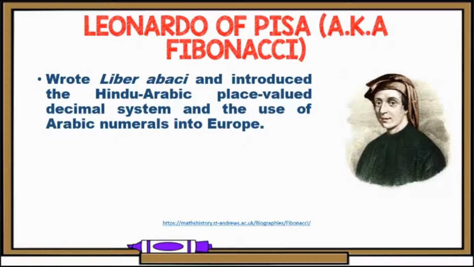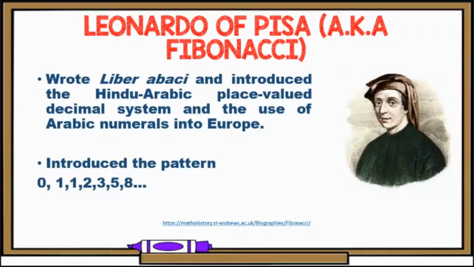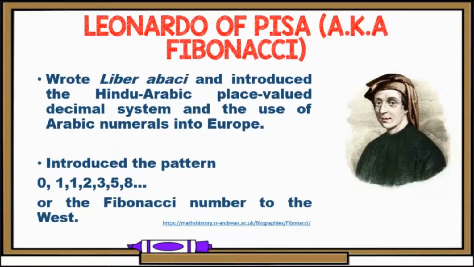We would probably be using Roman numerals when dealing with numbers, which is very confusing and impractical. He also introduced the pattern 0, 1, 1, 2, 3, 5, 8, or the Fibonacci numbers, to the West.